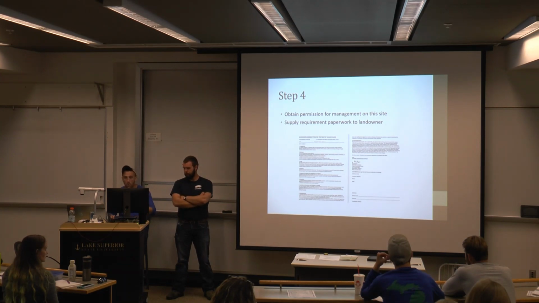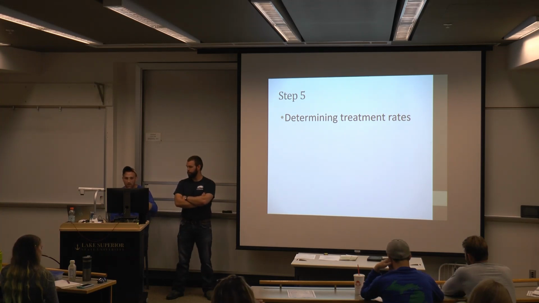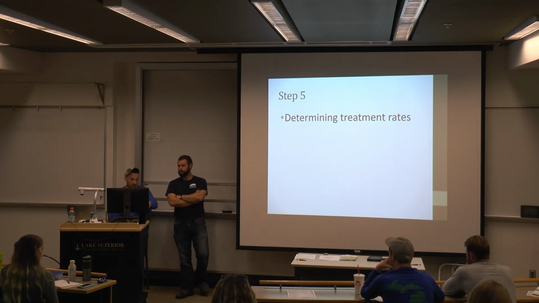So you're going to work with that organization to get their permission to do these treatments and give them all the paperwork. What paperwork do you have to give them? They sign their permission, and the risk benefit form. And then now would be what treatments we are going to use and why. So when we get out there, this is kind of what we're going to pick up. We're going to look at these sites. Before we go, we're going to split into groups.